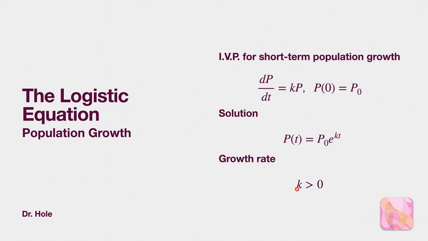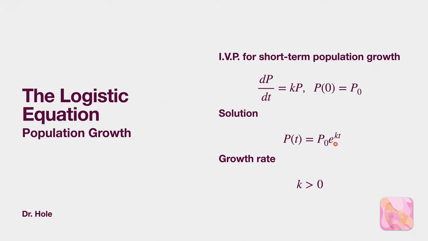When the growth rate k is positive, thinking about the exponential function, it is an increasing function if you just take e to the t, leading to growth. If you take k to be negative, you wouldn't have a growth exponential, you'd have a decay exponential.